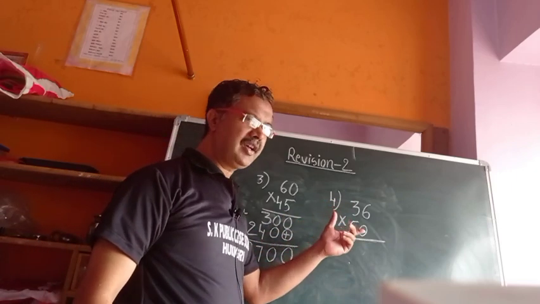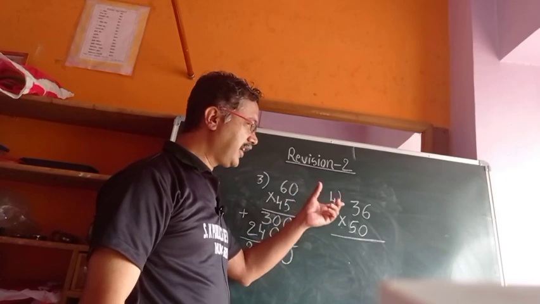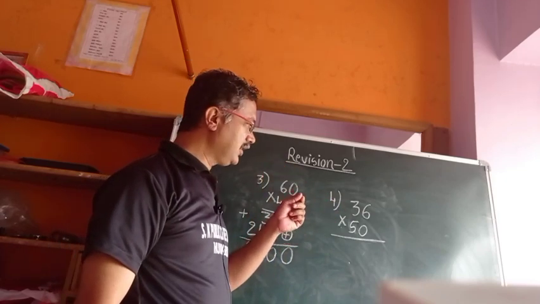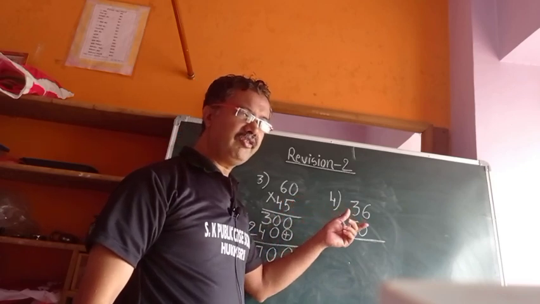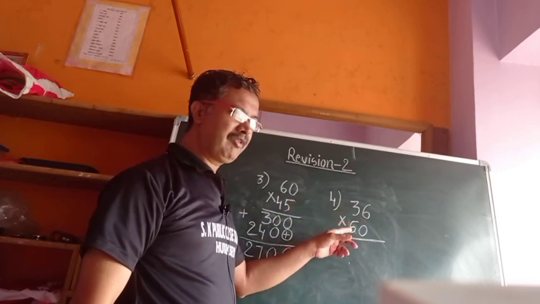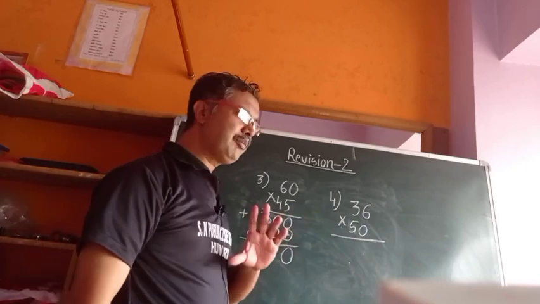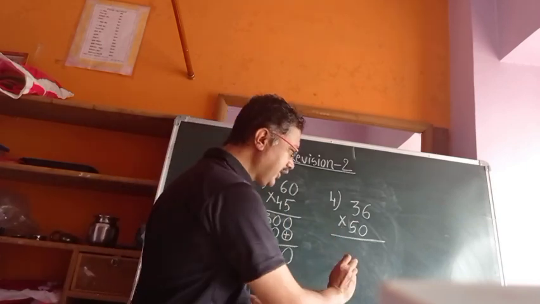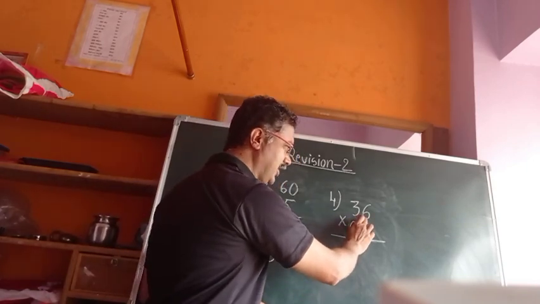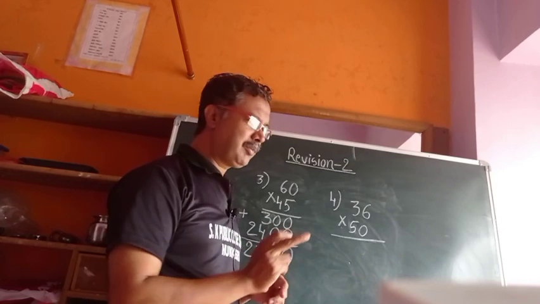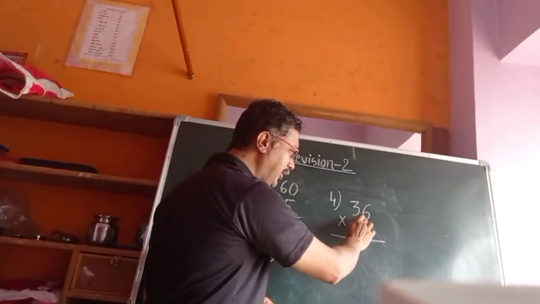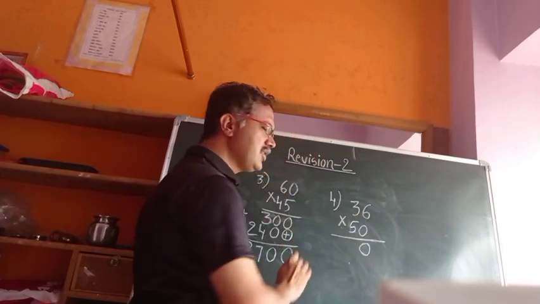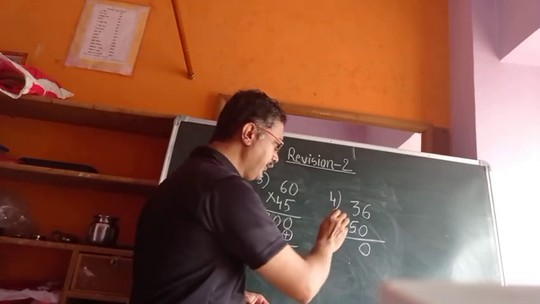Please remember here, children, once again I'll repeat, because some children will face difficulty and get confused when this type of number comes. That time what we have to do, same procedure, nothing else, same procedure you have to follow. Here 0 into 6, if you multiply any number by 0, then it becomes 0. See, 0 into 6, 0 only.